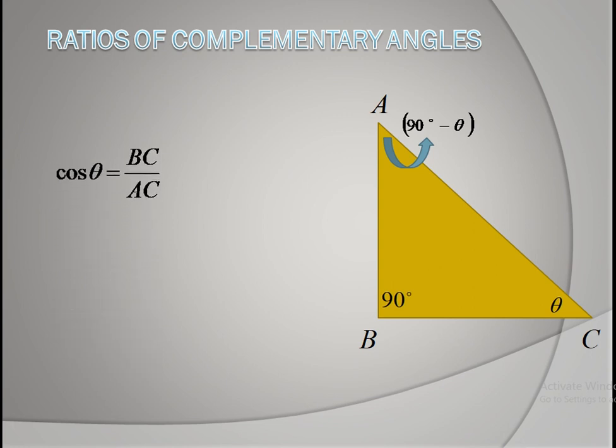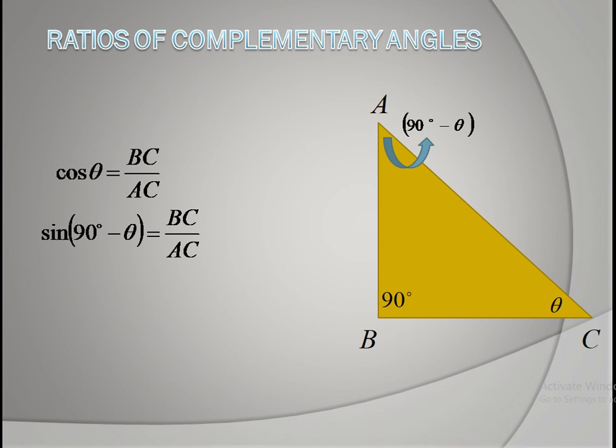Again, cos theta is equal to BC by AC, adjacent by hypotenuse. When we take the angle theta, BC will be adjacent and AC will be hypotenuse. So cos theta is equal to BC by AC. Next, sin(90 degree minus theta) is equal to BC by AC.